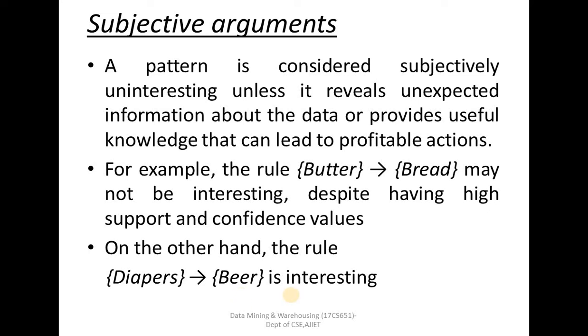Hence, this rule is interesting and it provides several cross-selling opportunities for retailers. Now, finding the interestingness of such rules requires prior domain knowledge. Hence, we can say that the subjective interestingness measure or the subjective arguments requires prior domain knowledge.